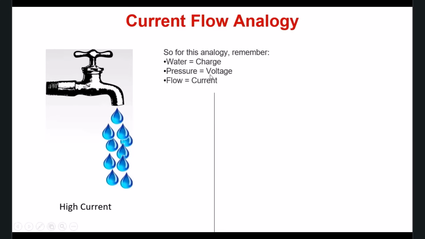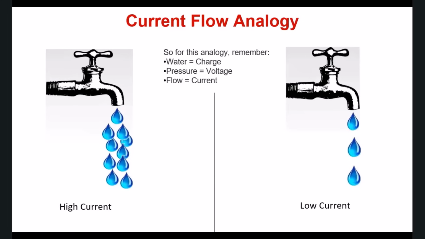Water is charge, pressure is voltage, and flow is current. If we reduce the tap by rotating the knob, you can see less water will flow through the tap, and that is going to be presented as low current.